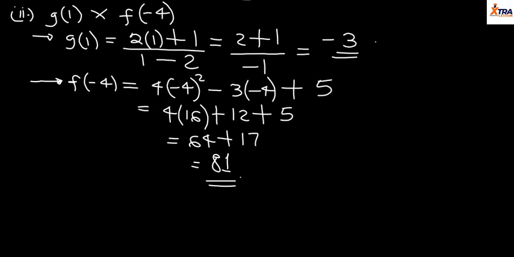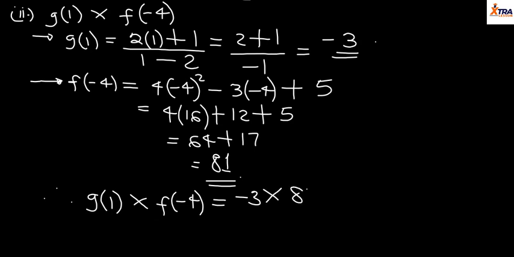I can now say the question that I was actually asked initially, which is g of 1 times f of minus 4, will now be given as minus 3 times 81, which should give me an ultimate answer of minus 243.